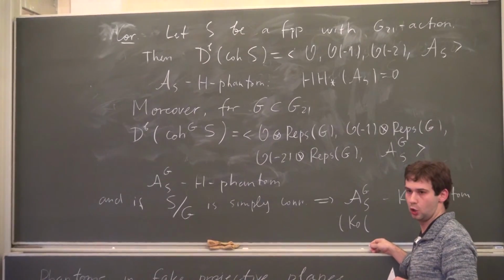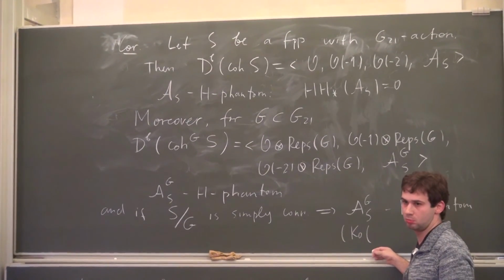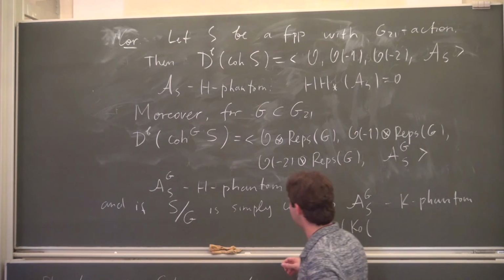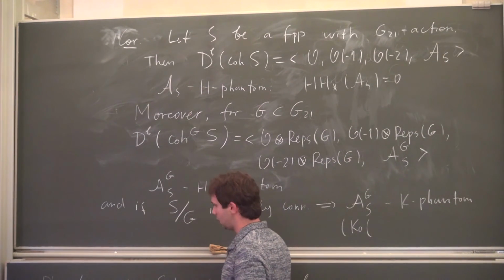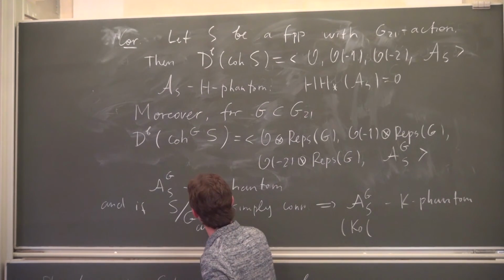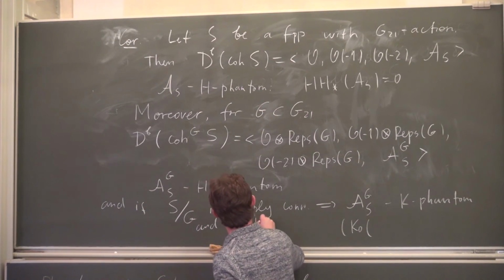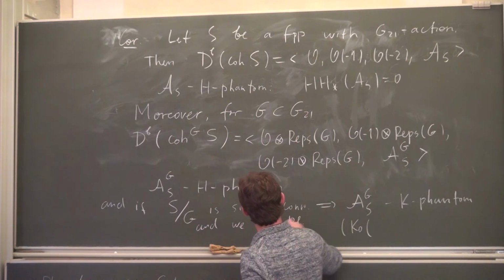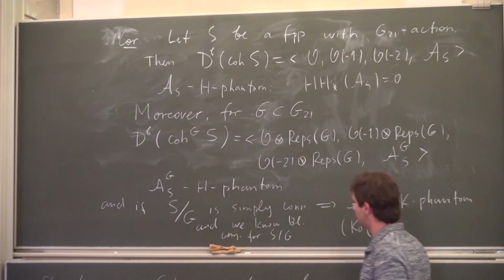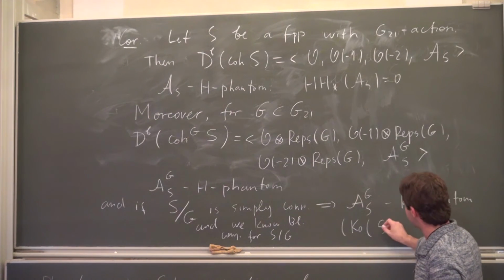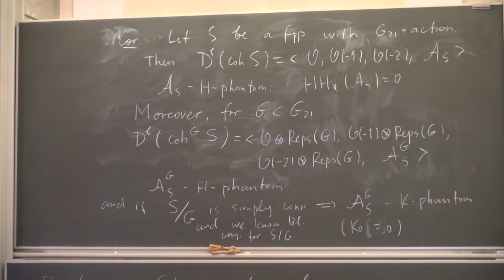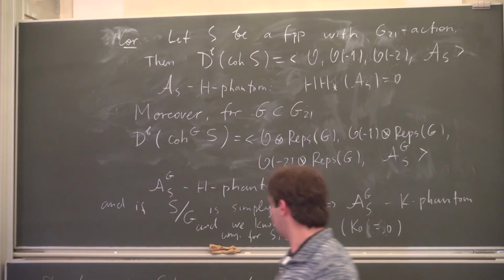But we know it in all cases, for the quotient? No, for Z mod 3 not always. It depends on G. G is divisible by 7. Okay, and we know the Bloch conjecture for S mod G. So K phantom means that the Grothendieck group is 0.